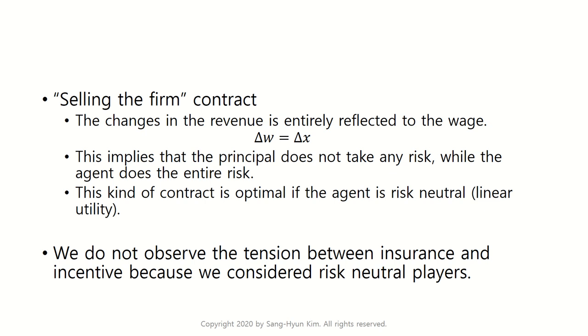and just a few more remarks for the solution. So what we found was this. Delta W must be the same as delta X, and this is a very peculiar feature of this model. So we have a name for this kind of contract. This kind of contract is called a selling the firm contract. The reason is this: the changes in the revenue are entirely reflected in the wage. That implies that the principal does not take any risk.